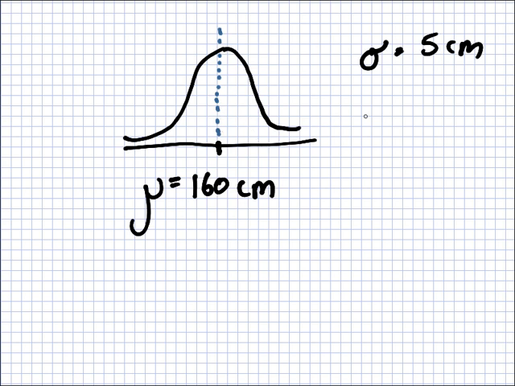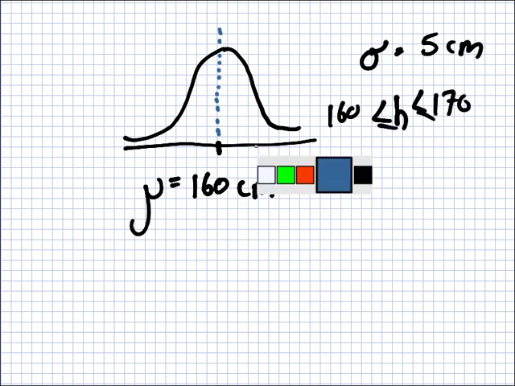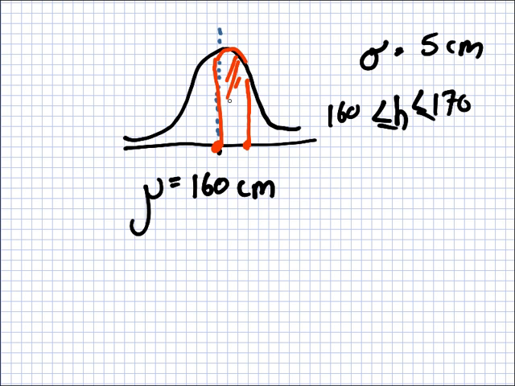So for example, if I asked you a question, how many people will be between the heights of, say, 160 and 170? Well, it's the same as what you did before. You mark off 160, you mark off 170, and you calculate the area. Same idea as previously, yeah?